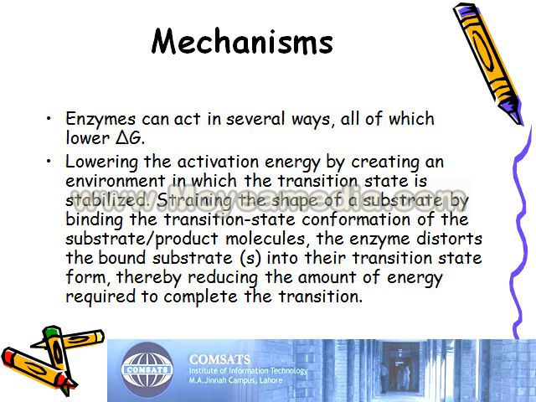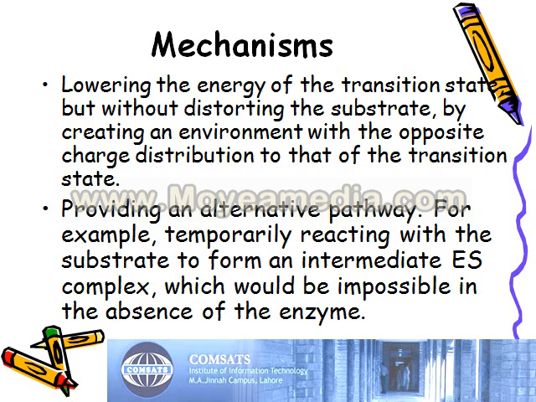The enzyme distorts the bound substrate into its transition state form, thereby reducing the amount of energy required to complete the transition state. This is the first mechanism which is used to reduce the activation energy.